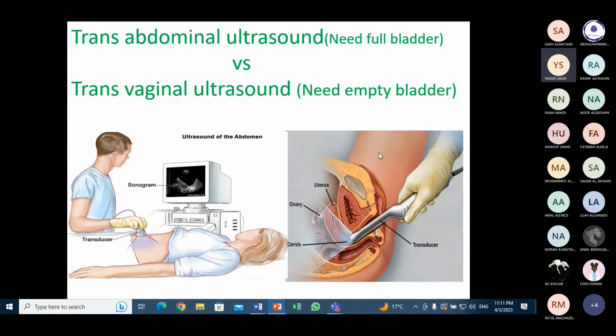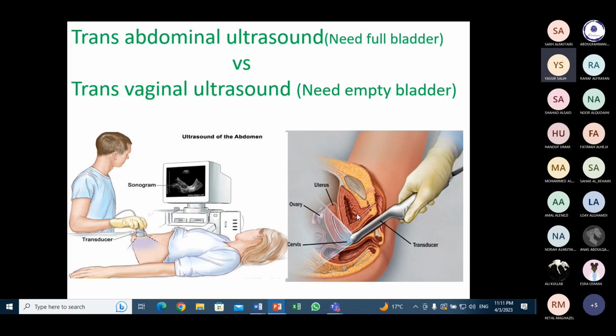The other technique is called transvaginal. This requires a special designated probe, inserted through the vagina to look at the female pelvic organs. You can see the uterus, the ovaries and the adnexa.